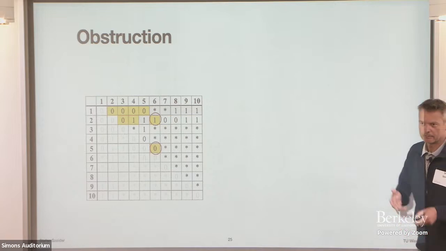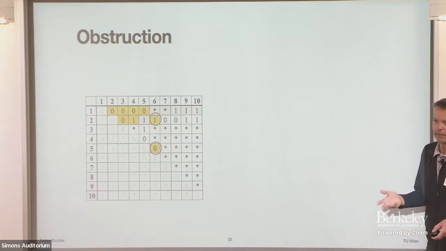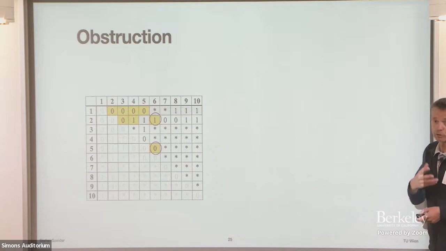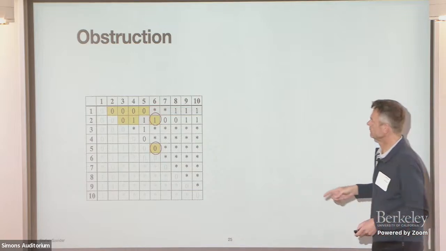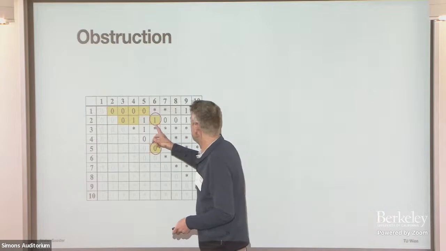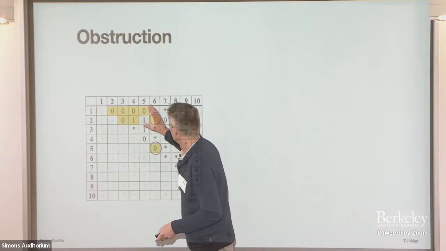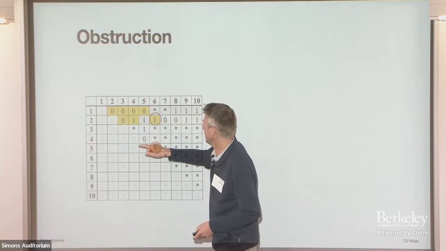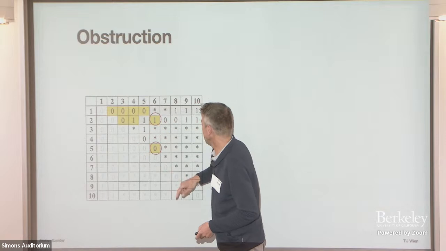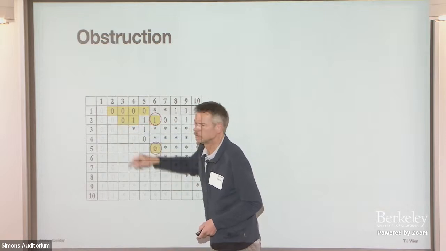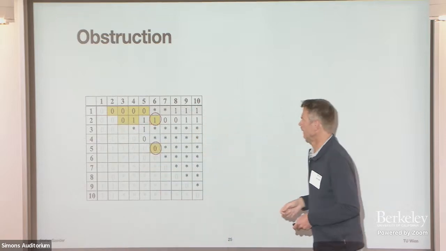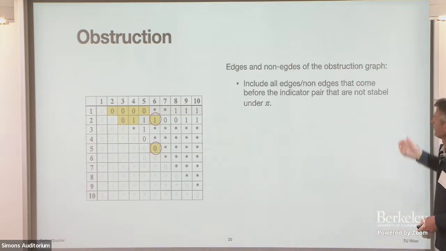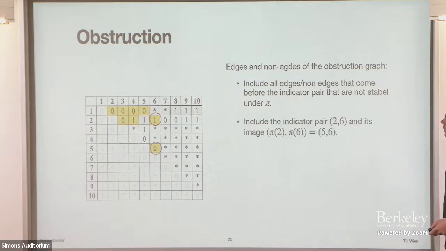And now the graph that we know, the obstruction graph, would consist of basically every edge that is defined in this block here. But we don't need to take everything, we can omit these stable vertices where any permutation would basically keep these vertices stable.